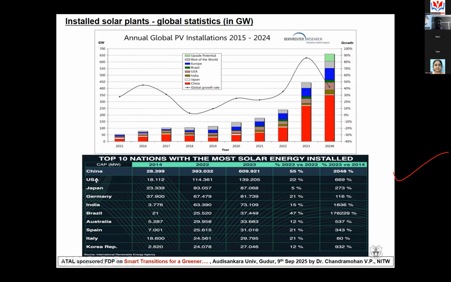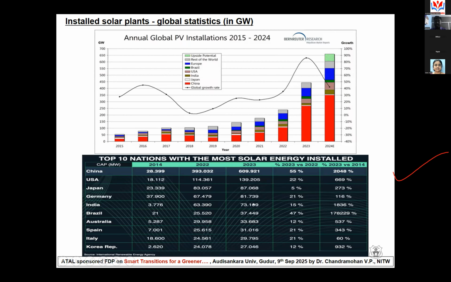And then you can see USA and Japan. The US is the next one, just 140 gigawatt. We cannot blame the USA and other countries, because their solar installation is also less. China's solar installation is good, and India's solar insolation, that means the solar flux we receive on the earth, is also good.